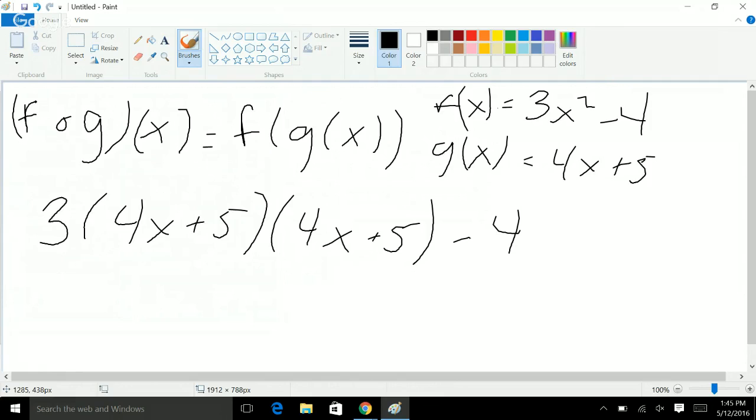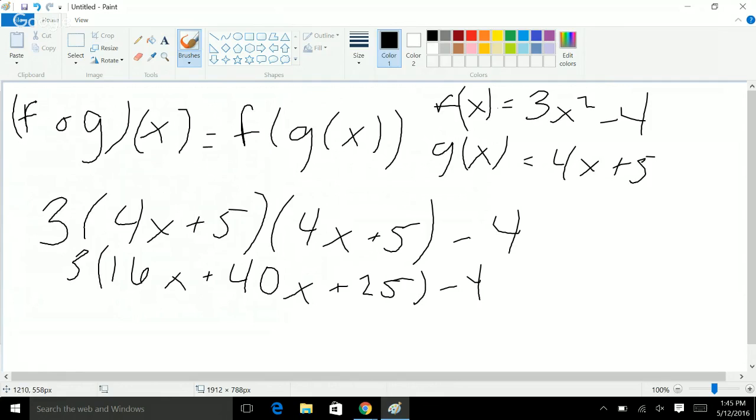And then 4x times 4x is 16x squared. And then 4x times 5 is 20x, and then 5 times 4x is 20x, which we add together and it would be 40x. And now 5 times 5 is 25 minus 4.